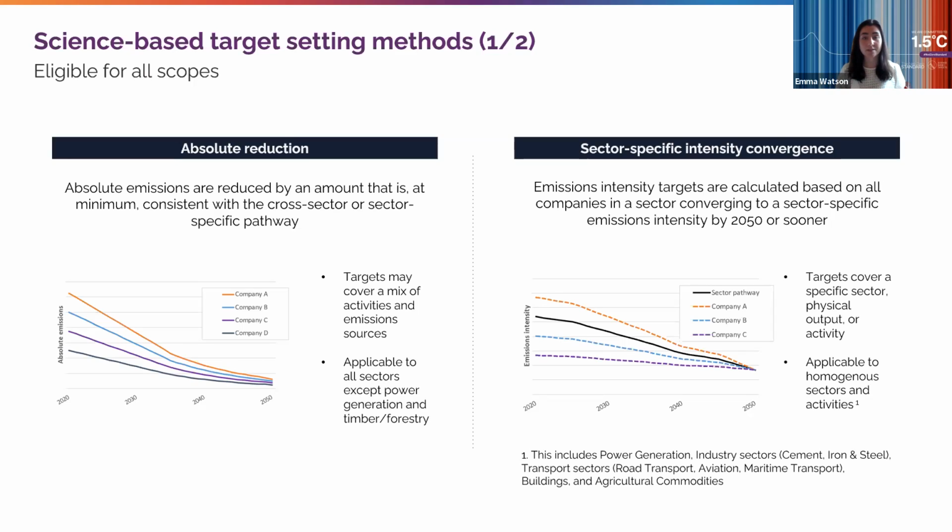Essentially, the concept is that all companies within a specific sector, their emissions intensity would converge when we reach 2050 or sooner. So there's various different sectors that we have these methods for. Power generation, cement, iron and steel, transport sectors, buildings and agricultural commodities. And a lot of these methods are available for well below 2C scenarios at the moment, and we are updating those. So I'll go into a bit more detail in a second.